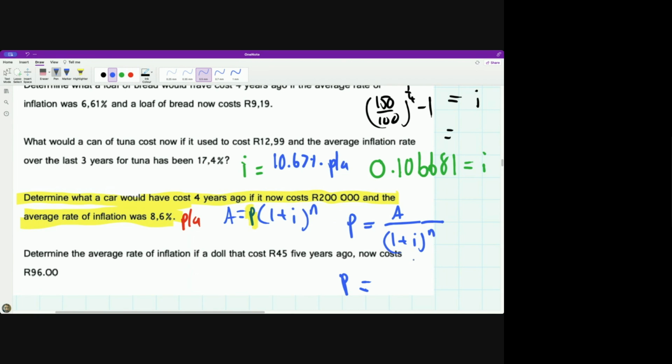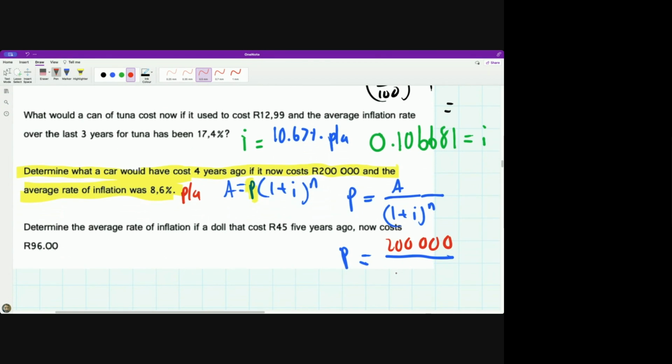What are you getting for your answer? So you're going to put 200,000 here. We're going to go 1 plus 0.086.